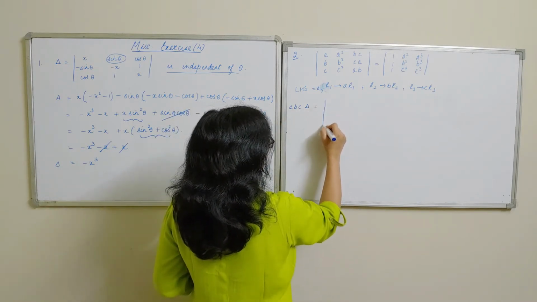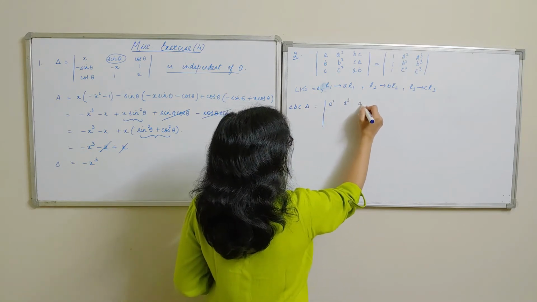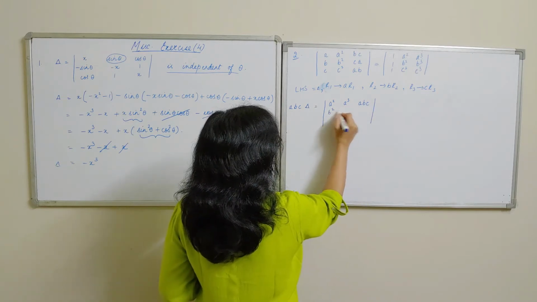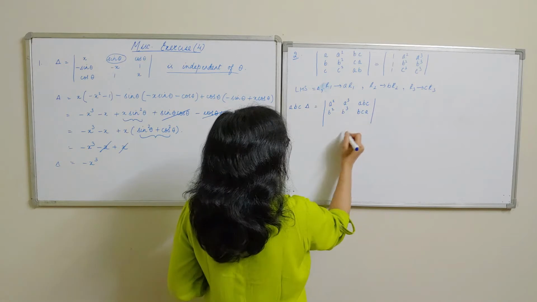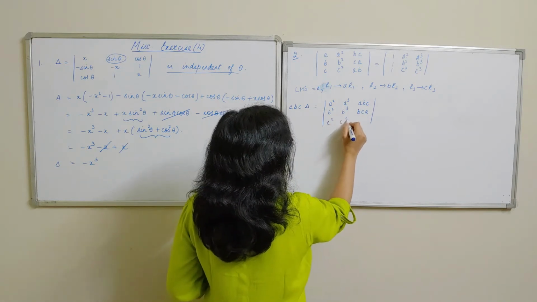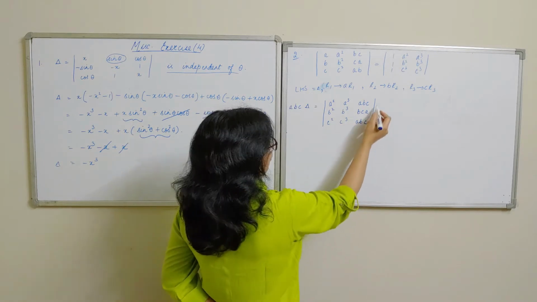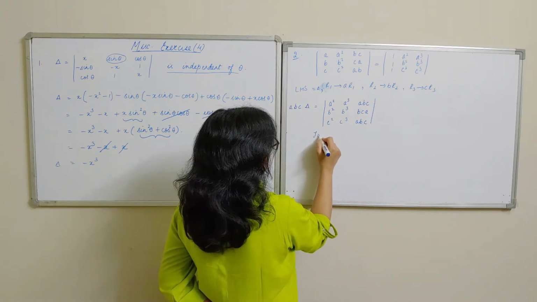And now on the right hand side, we obtain a square, a cube, abc, first row, multiplying second row by b, we get this, and this is the third row. Now in this row you can see that from the column we can take abc common.